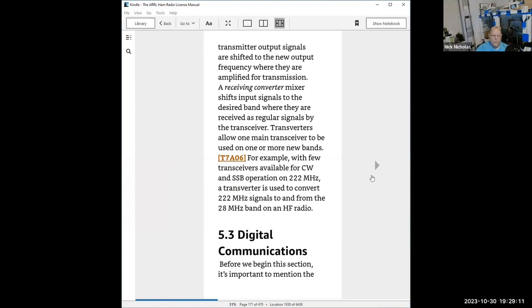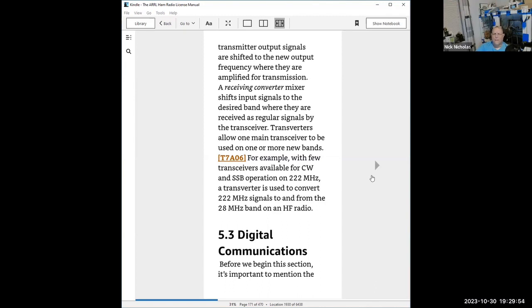But when we talk through a repeater, we send the signal out, it goes into a receiver, and it comes back out to us from a transmitter at the receiver site on a different frequency. When we transmit through some satellites, though, they do it with a, oh God, it'll come to me, guys. But anyways, they do a different technique. They do a technique which is very much like a transverter and very much like a receive converter.